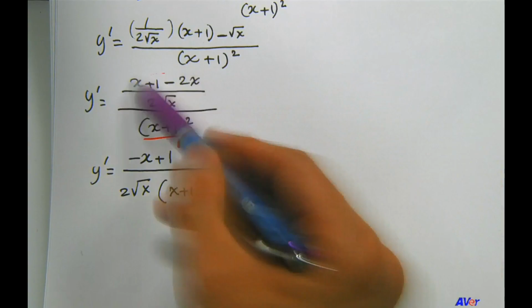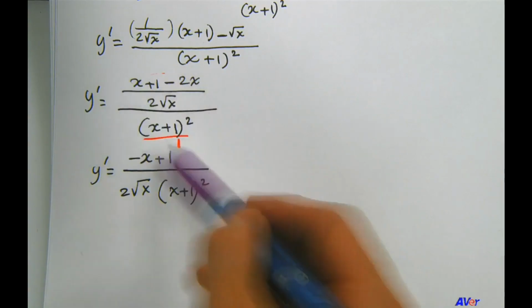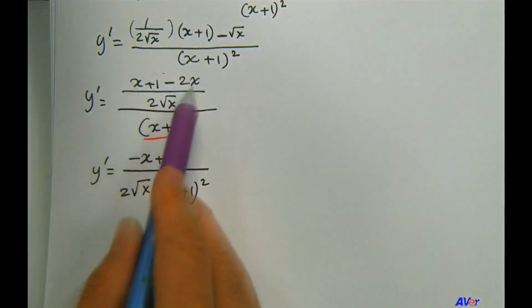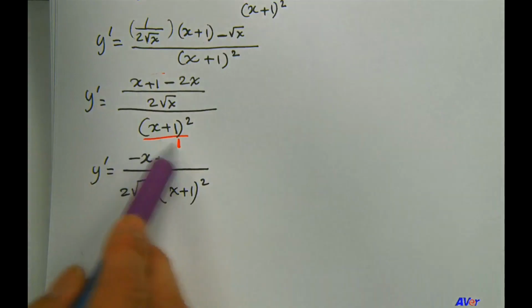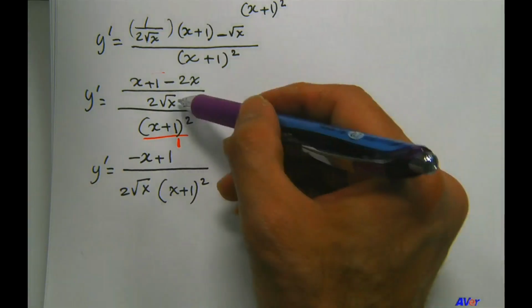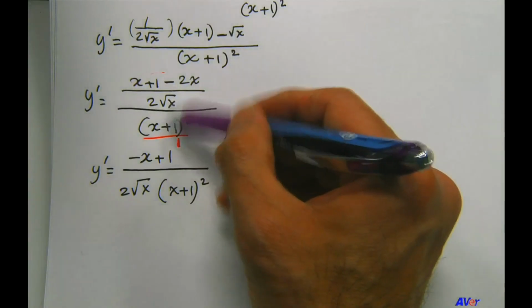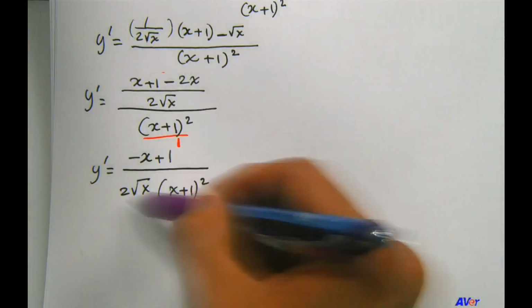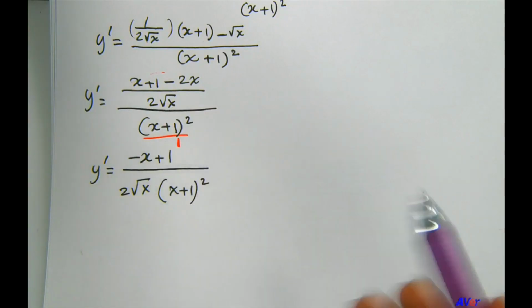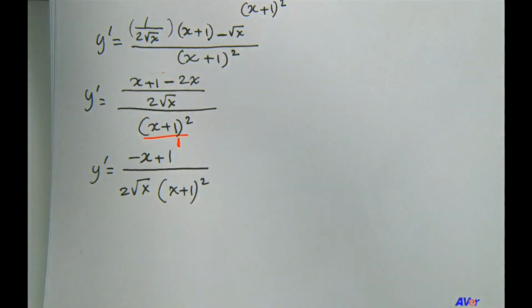That would be these and these guys. Multiply them and put them in the numerator. That's what I did. Minus 2x plus x was minus x plus 1, times 1, I got minus x plus 1. Then multiply the nearest terms in the complex fraction and put them in the denominator. So 2 square root of x times x plus 1 squared. It's a quick way of simplifying complex fractions.